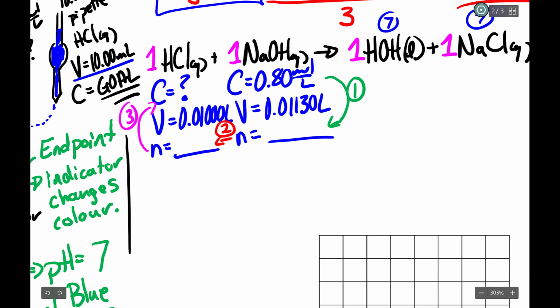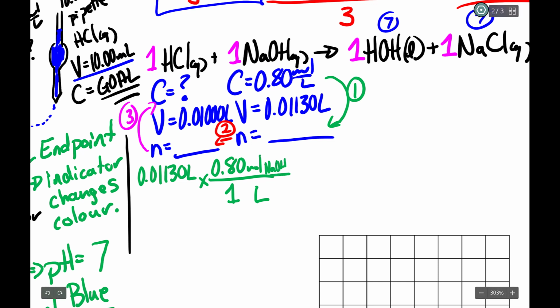Okay, I'm going to start with step 1. So I'm starting with my number that has a single unit, so 0.01130 liters times. I want to get rid of liters, so it has to go on the bottom. For every 1 liter of NaOH, it's 0.80 moles of NaOH.